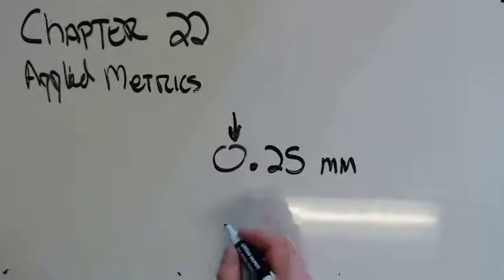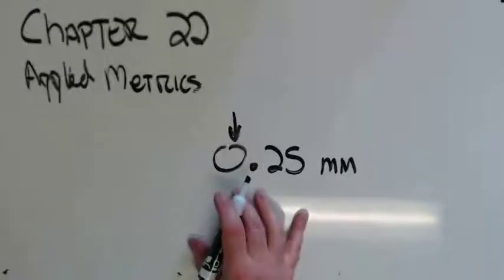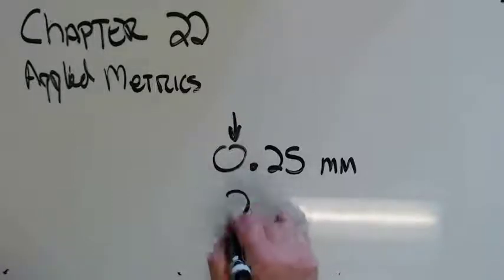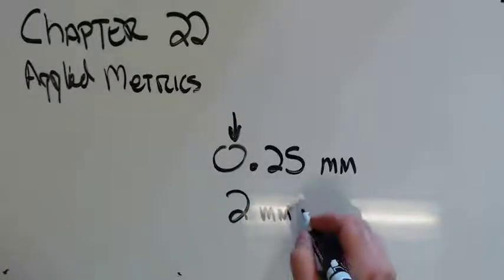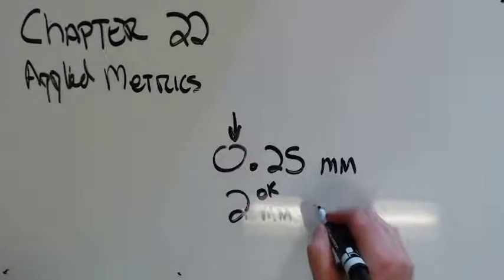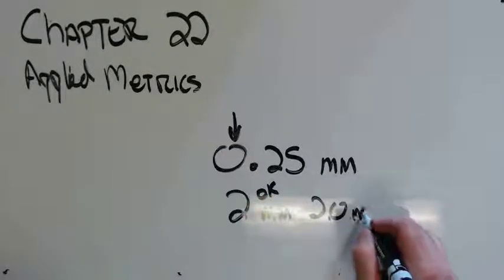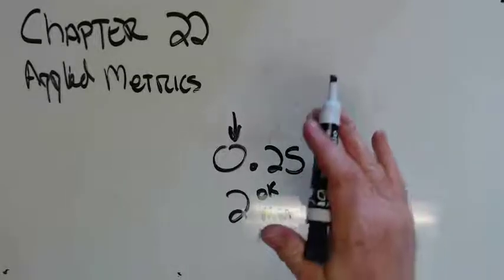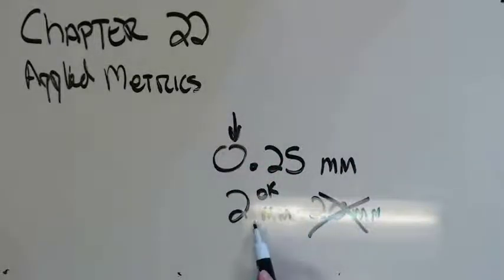There's no decimal or 0 for whole numbers. So if it's 2 millimeters, it's just 2 millimeters. I don't need 2.0 millimeters. No. Just 2 millimeters. Not 2.0, none of that stuff.